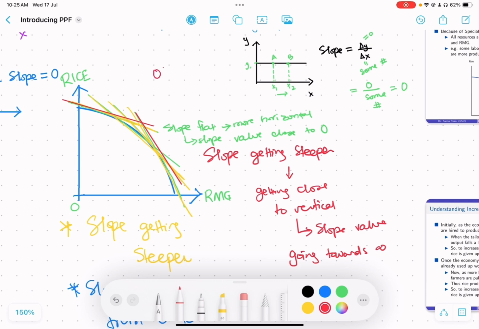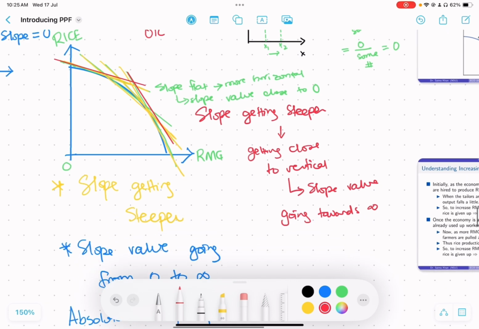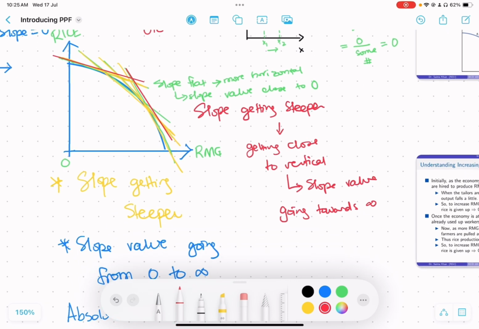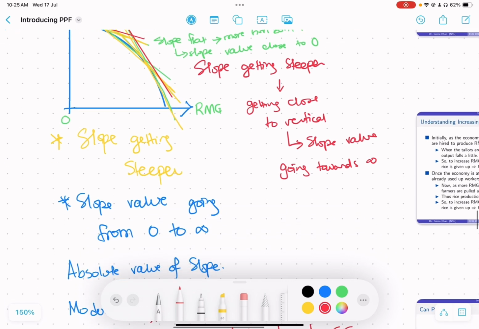Like the opportunity cost, if one increases the other decreases, that is your negative relationship. But when we interpret the slope value, to figure out whether the slope is rising or falling, we ignore that minus sign. The minus sign just tells me there's a negative relationship between the two goods. But to understand whether the slope value is going up or down, we have to ignore the negative sign. That is why we look at the absolute value.